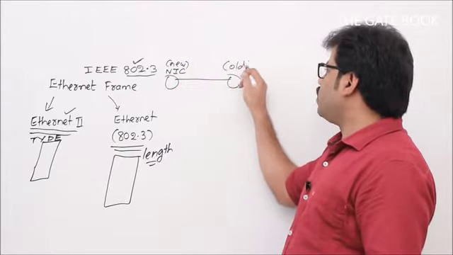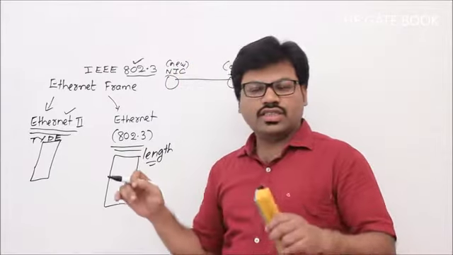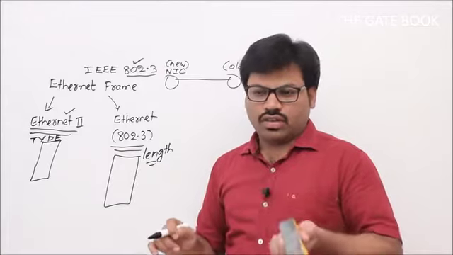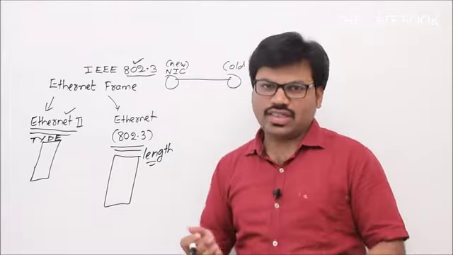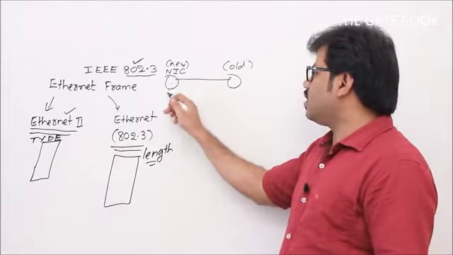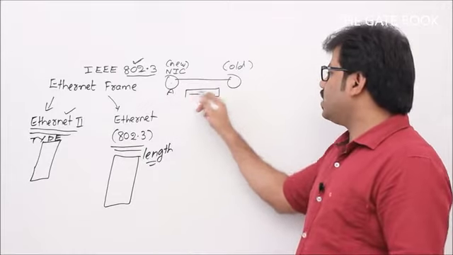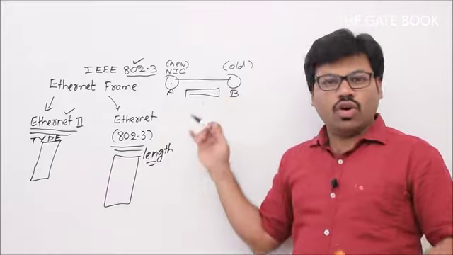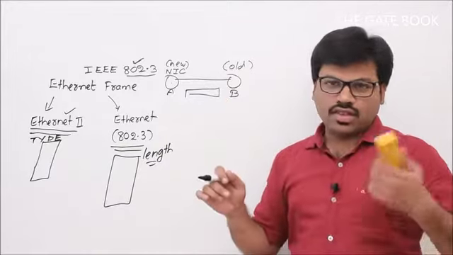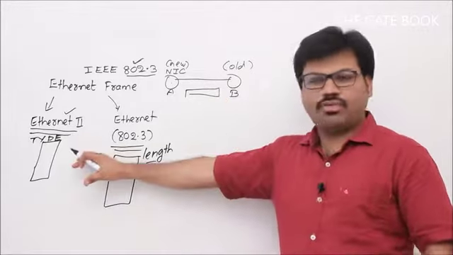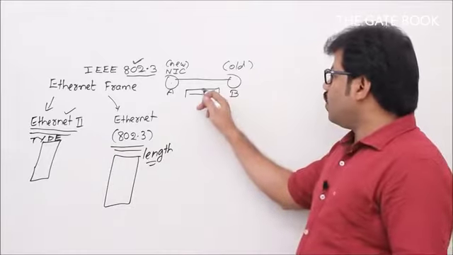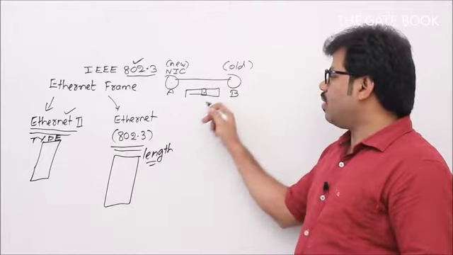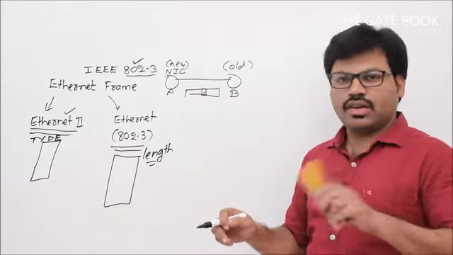The only confusion is how to tell whether the frame is new or old, isn't it? Let's say this system is sending a frame. Now B has a question: is it a new frame or an old frame? If it is an old frame, we have to treat that field as the type field, correct? If it is a new frame, then that field will become the length field, correct? There is a problem.